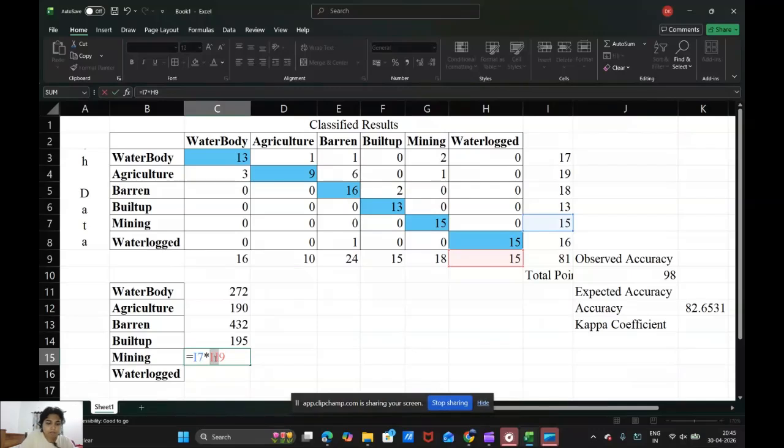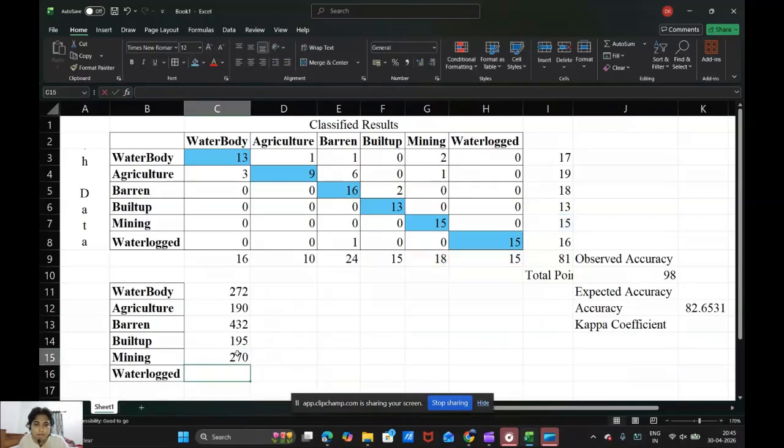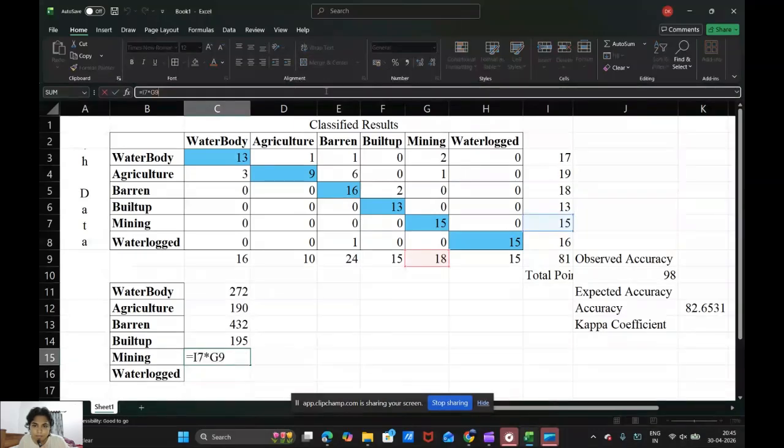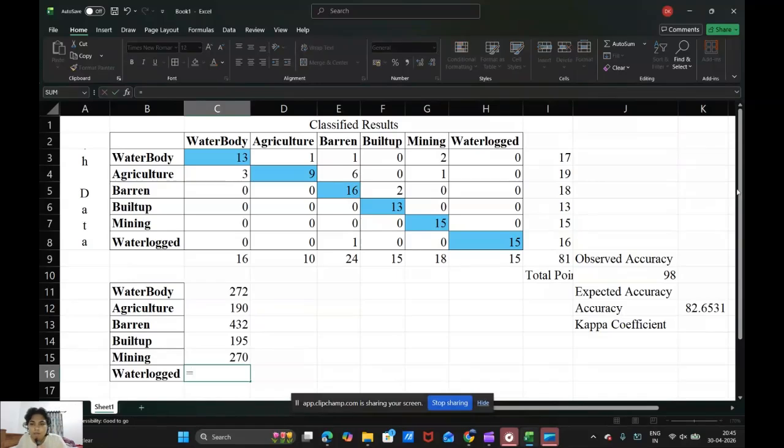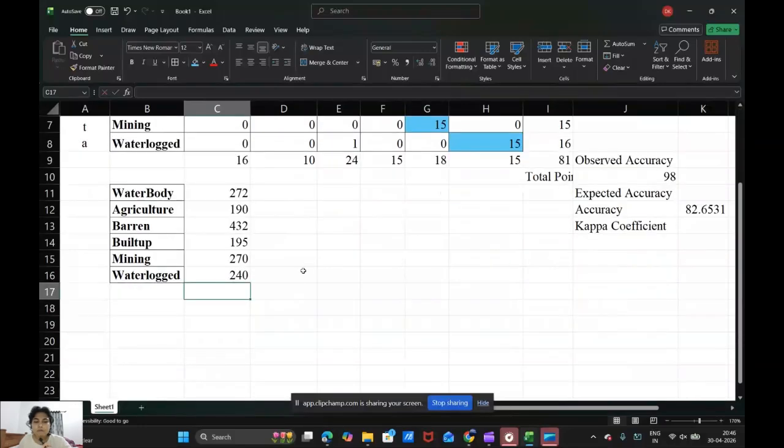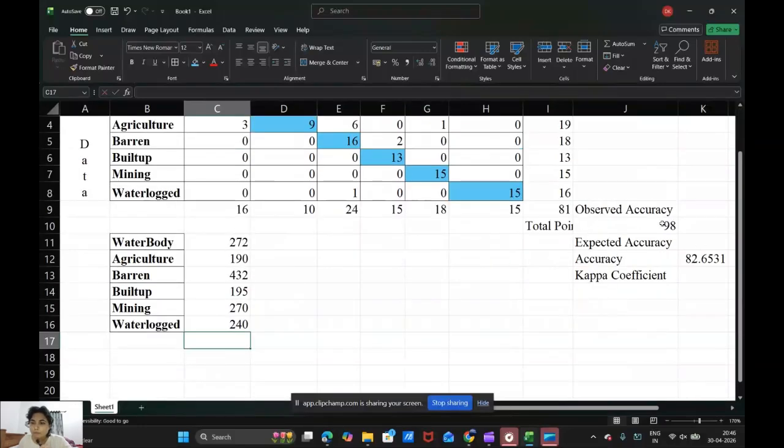It should be G9. Let me see if it is correct. Yes, it's correct. And then we have waterlogged multiplied by waterlogged. So this is our first step.